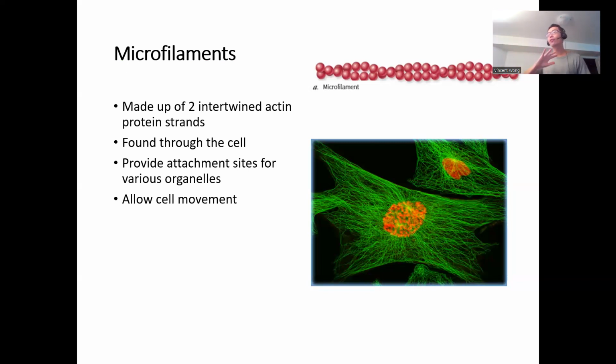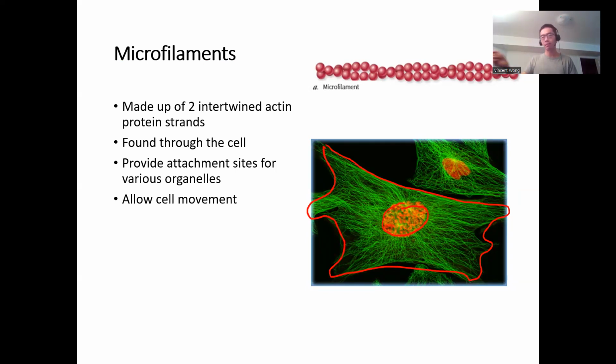It's found throughout the entire cell. This here is a cell. You can't really see the cell membrane, but that's where it is, surrounding the cell. That's the nucleus. The person who prepared this slide stained the actin protein.